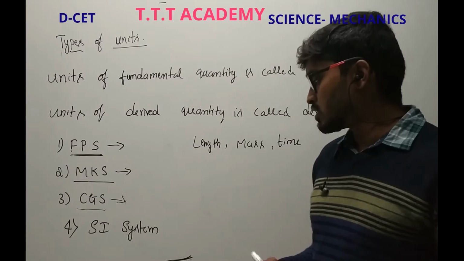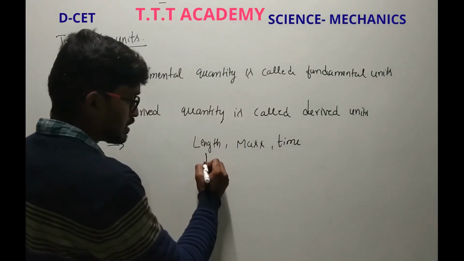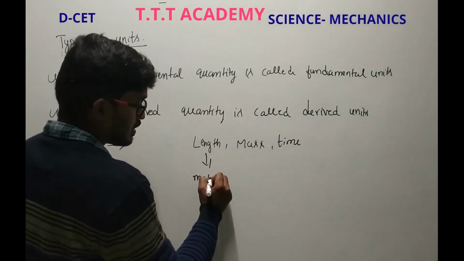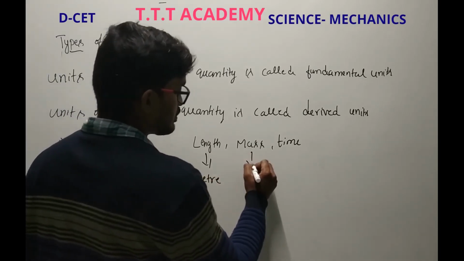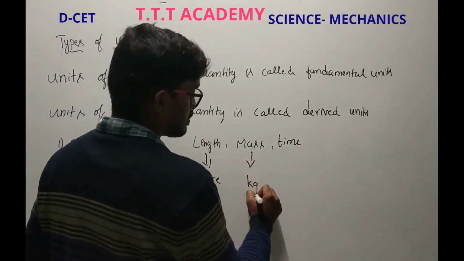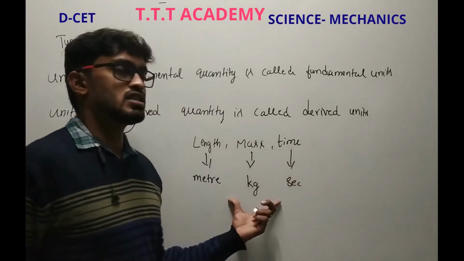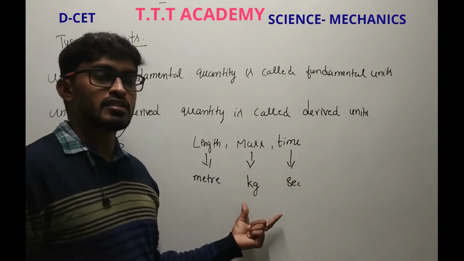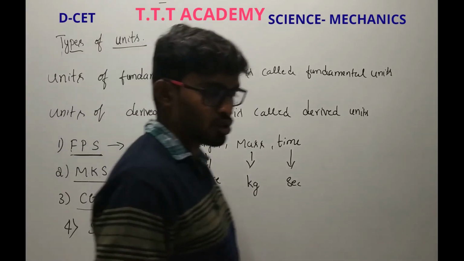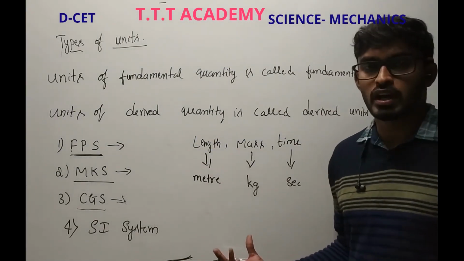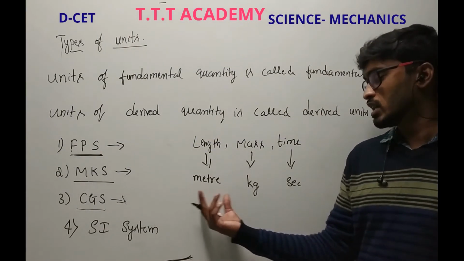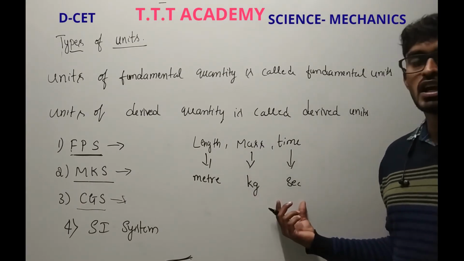In this SI system, you measure length in meter, mass in kilogram or kg, and time in second. So this is the standard unit. This SI system is used in the entire world. The same units: length in meter, mass in kilogram, and time in second.